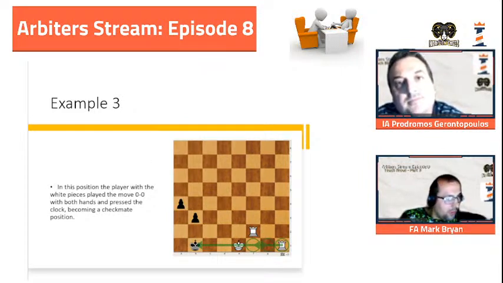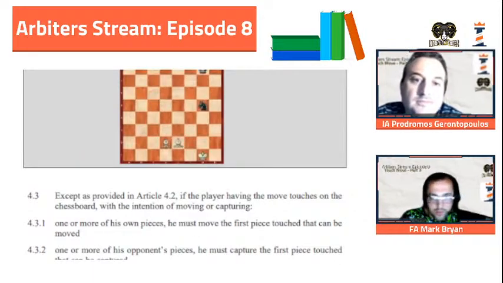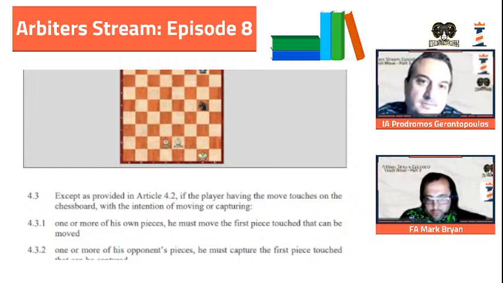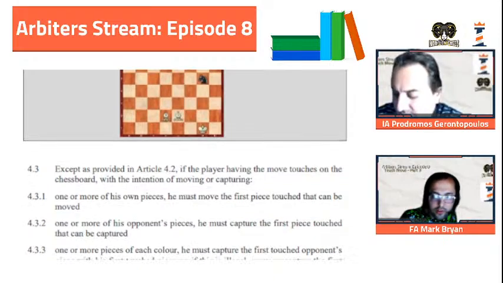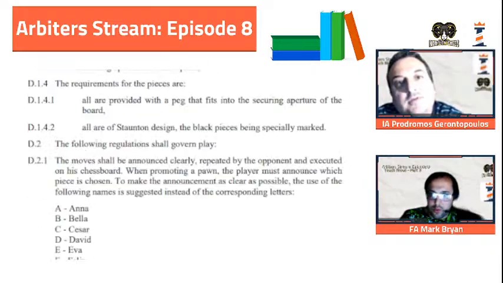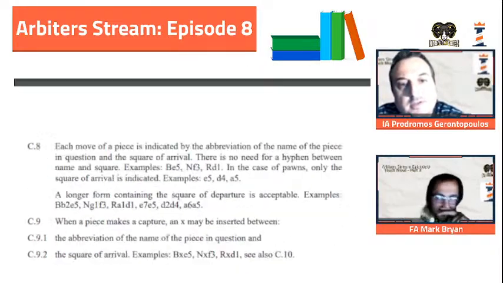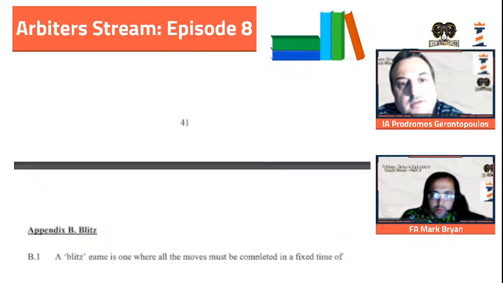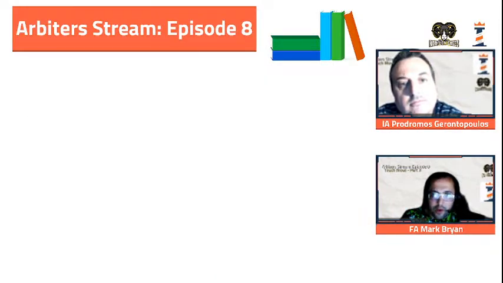If the opponent does complain, the first way is that it comes as a warning. You should not be holding a piece at all times. The same as you cannot be holding the clock, keeping the clock pressed, or keeping your hand on the clock.